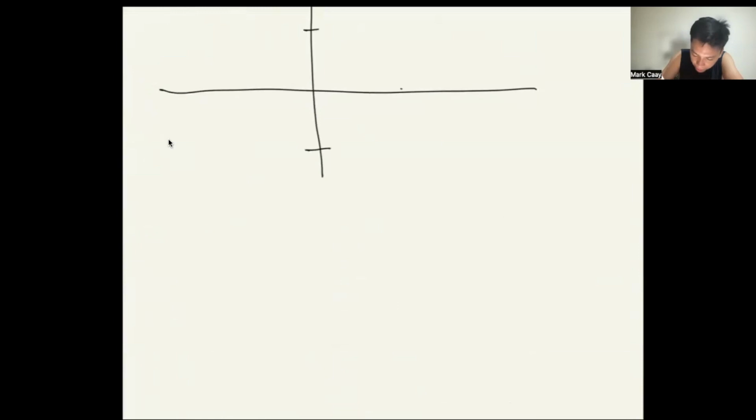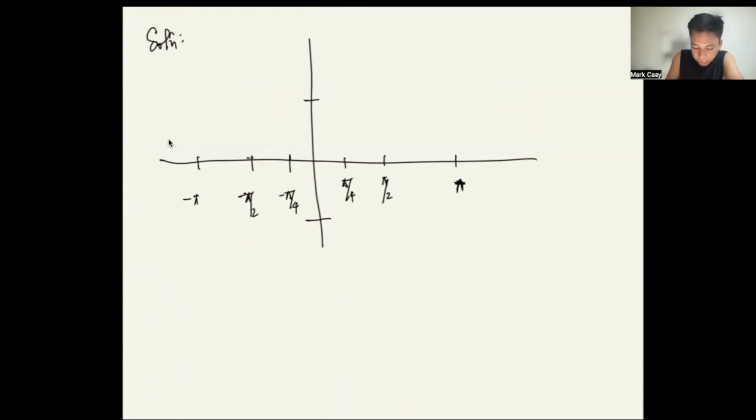Let's say this is the pi. Let's enlarge it a bit, so the pi will be like this. This is pi over 2. So this is pi and 1/4. This one is probably like this, right? Is the proportion correct? This is negative pi over 2, and this is negative pi over 4.